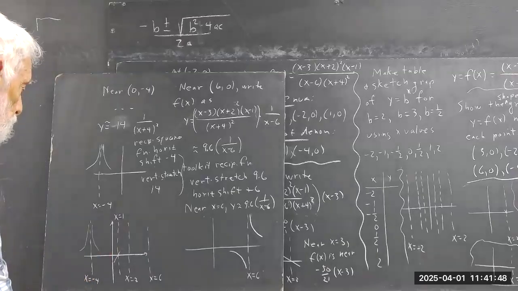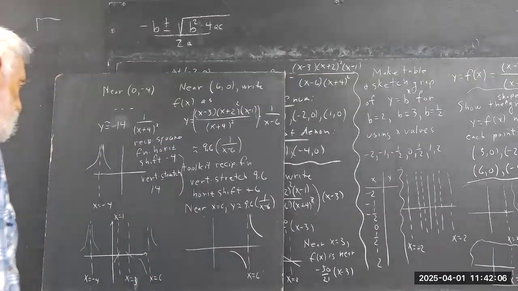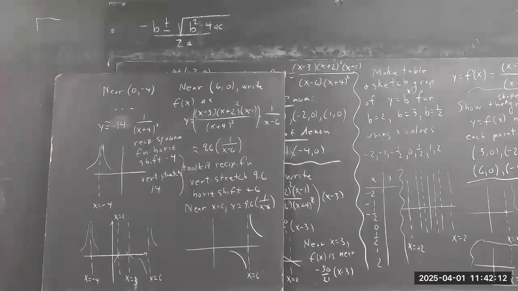Okay, it's going to tend to go like this and up like this. Y-intercept is problematic. Like it's negative because you get X minus 6.